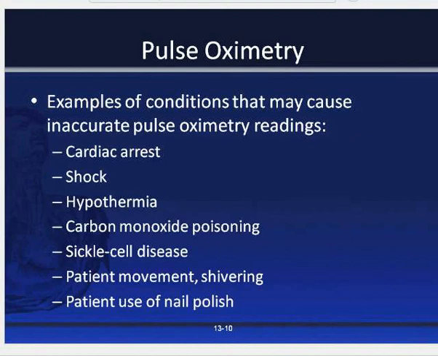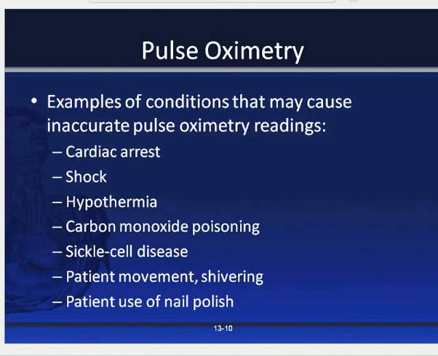Examples of conditions that may cause inaccurate pulse oximetry readings include cardiac arrest, shock, hypothermia, carbon monoxide poisoning, sickle cell disease, patient movement or shivering, and patients who use nail polish. With cardiac arrest, shock, and hypothermia, the reason is that the blood ends up getting shunted from the peripheries, the hands and fingers, to the core of the body, the thorax and abdomen, where all the organs are.